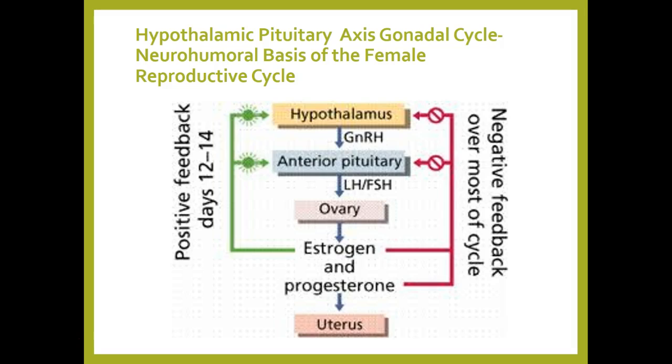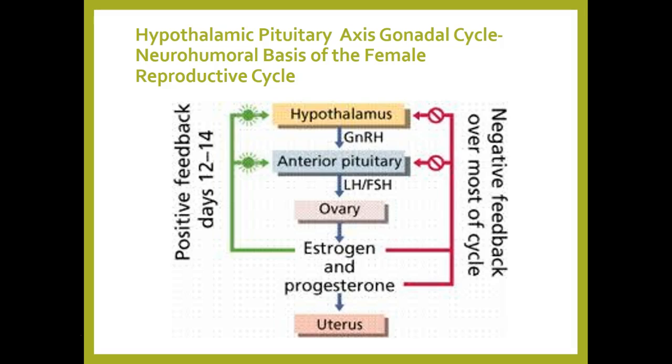FSH, follicle stimulating hormone, stimulates the follicles. The luteinizing hormone actually makes sure that that follicle matures to the final point. All right, so our anterior pituitary gland releases those two hormones, luteinizing hormone and follicle stimulating hormone. And remember what I said in the last slide, those two hormones work on the ovaries.